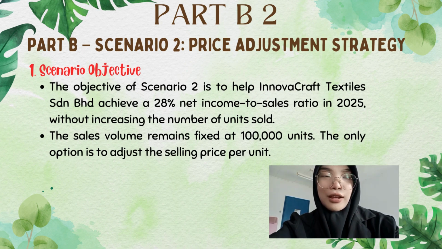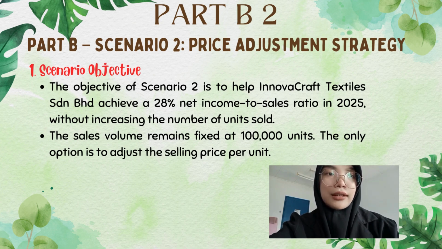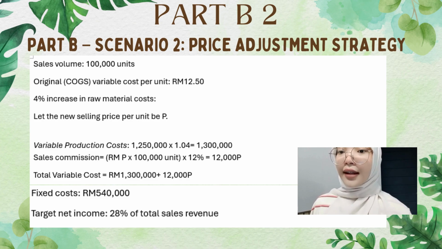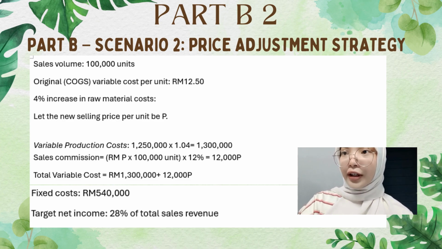However, the sales volume is fixed at 100,000 units, meaning that the company cannot increase the unit sales. So the only option is to adjust the selling price. I will explain how to determine the new selling price per unit based on increased production costs and a target net income of 28% of total sales revenue.